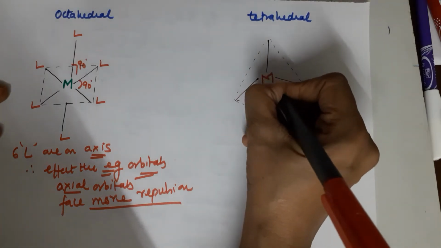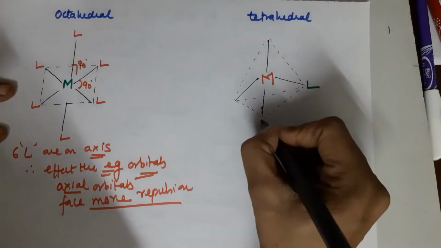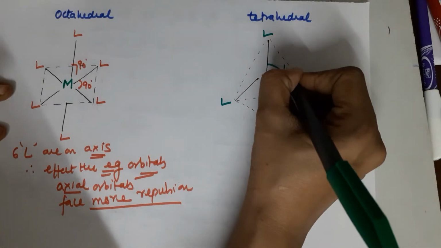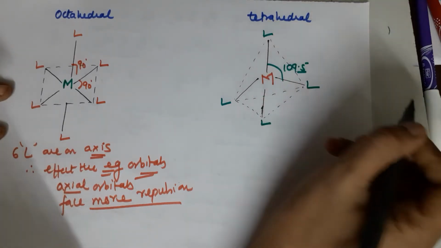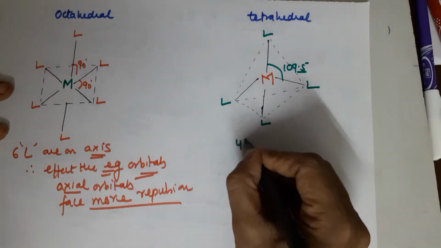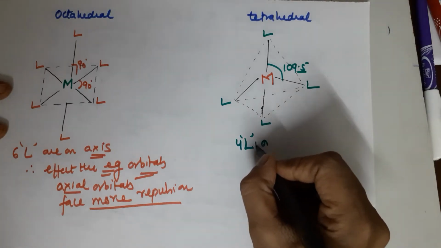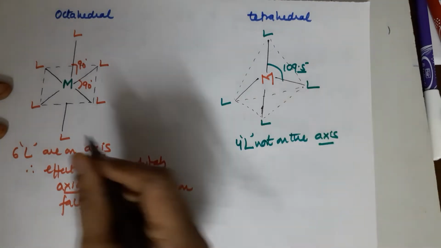This is your central metal, the transition metal, and your ligands are approaching tetrahedrally like this, and you very well know the angle is 109.5, which also means none of them is on the axis. In this case, you have 4 ligands which are not on the axis, because if they were on the axis the angle would have been 90.